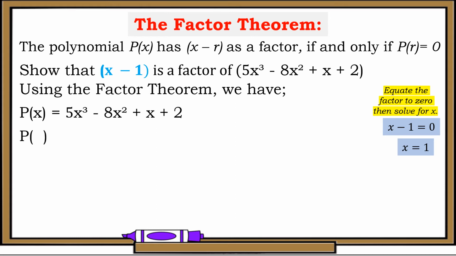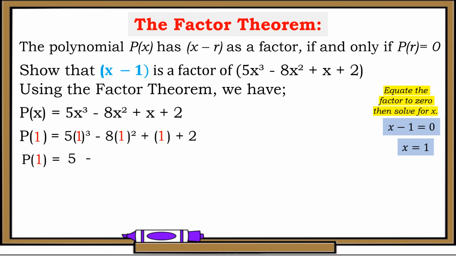So, lahat ng x, papalitan natin ng 1. Equals 5x cubed or 5 times 1 cubed, minus 8x squared or minus 8 times 1 squared, plus x or plus 1, plus 2. Simplify natin. Unahin natin lagi ang exponent. 1 to the third power is 1. 1 times 5, 5.